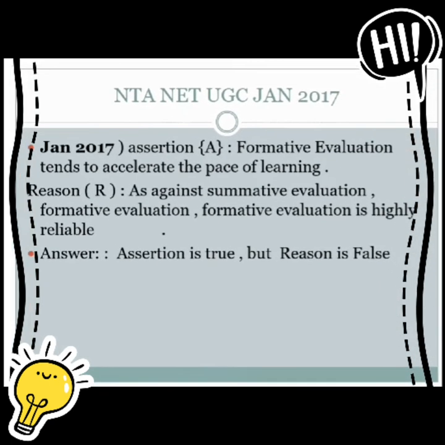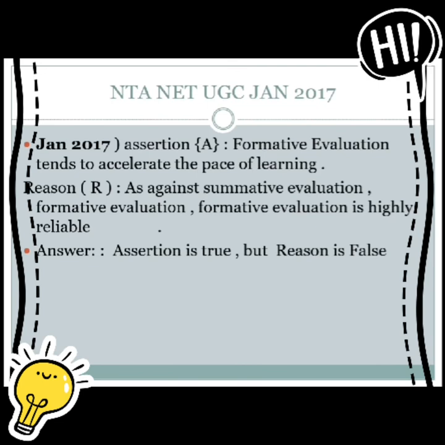Formative. So there was an assertion reason question. The assertion says formative evaluation tends to accelerate the pace of learning. The reason says as against summative evaluation, formative evaluation is highly reliable. Assertion is true but reason is false.